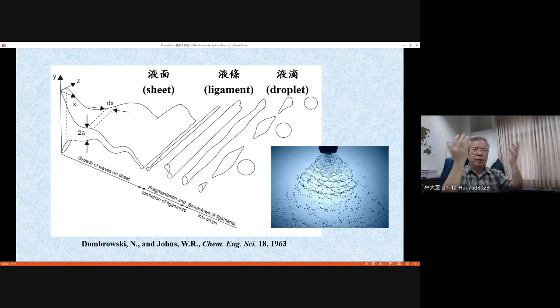Basically, they have a liquid surface. Then you can see some disturbance on the liquid surface, and this disturbance will break up the sheet into ligaments. You can see some ligaments occur here, and those ligaments will further break up into droplets. Finally, in this region, you will see a lot of tiny droplets distributed in different locations.